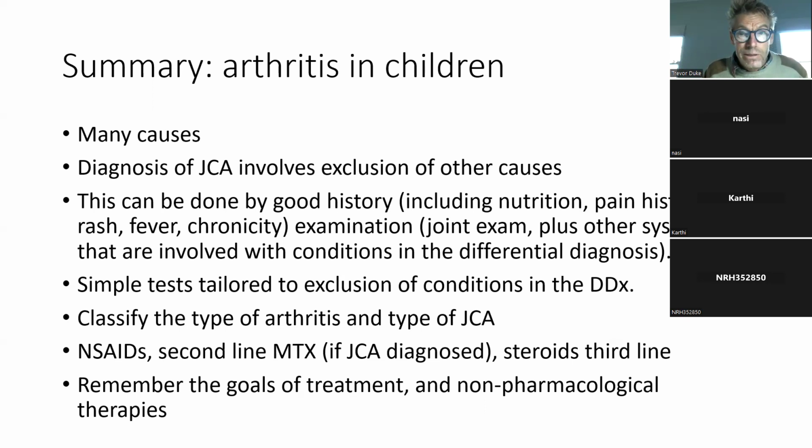Steroid should only be the third line, unless it's systemic onset JCA with a hyperinflammatory response. Remember the simple goals of treatment: control pain, enable mobilization and normal function, limit side effects, and improve quality of life.